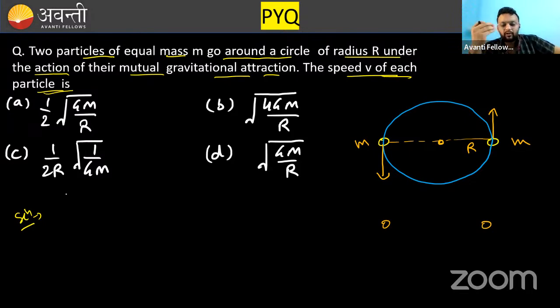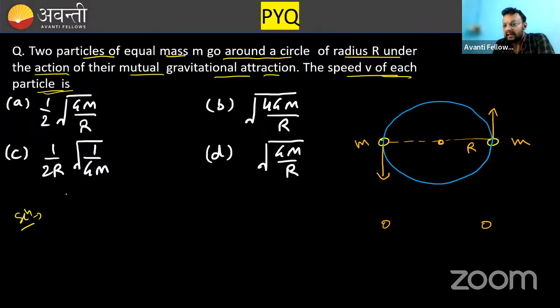I hope some of you might get confused, but listen to me again. I'm repeating my sentence. When two bodies revolve in a circular path with mutual gravitational force, the center of their circular path is at their center of mass.